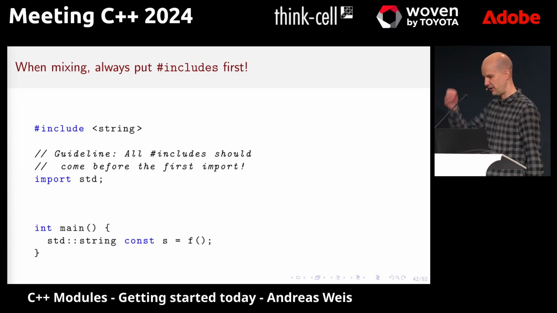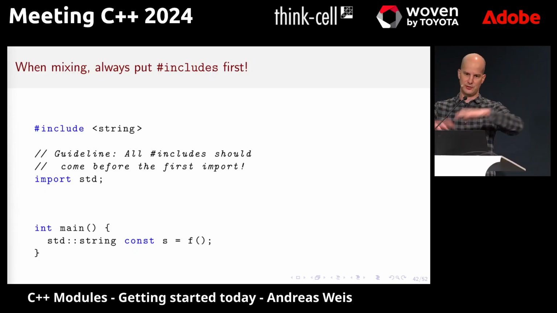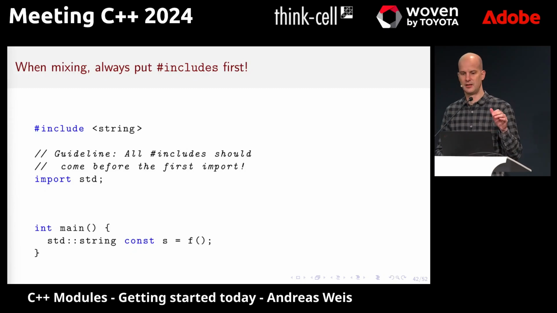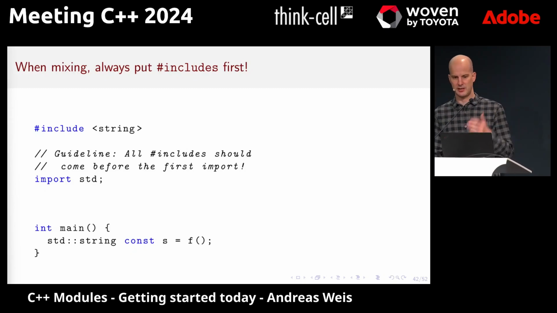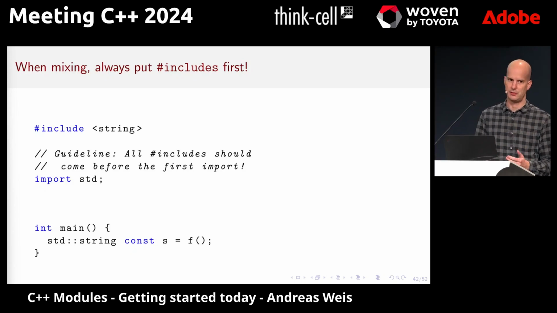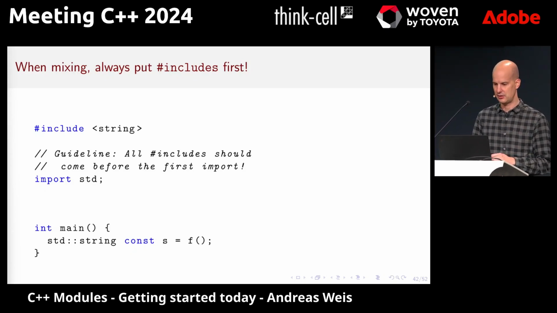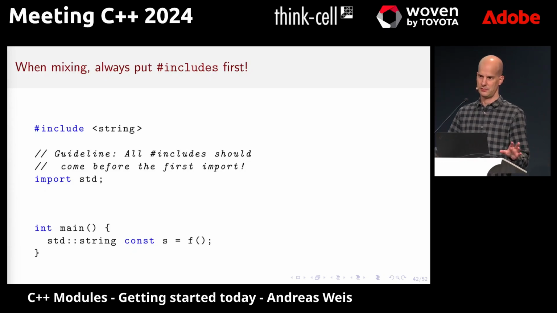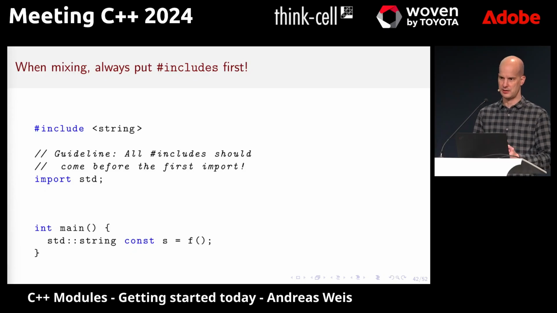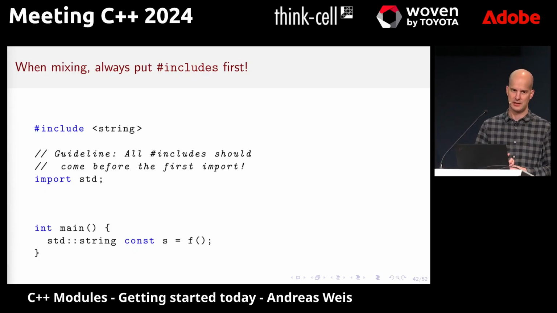So how can you mitigate this? Without getting into all of the technicalities here, some simple rules of thumb. When mixing imports and includes, try to always put all of the includes first. That's just a good guideline to follow. This should actually work for the standard library. That's where the standard guarantees it.